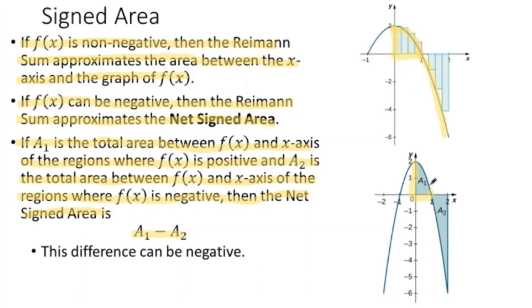But A1 represents where we're above the x-axis. We give that type of area a positive sign, whereas A2 being below the x-axis, we give a negative sign. And adding a negative value is the same as subtracting. One thing to note is this net signed area can be a negative quantity. That just means the area below the x-axis was greater than the area above the x-axis. Even though geometrically net signed area may not make sense, it does have some important applications that we will discuss later.